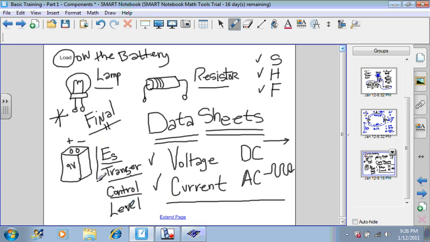I call these the four major things that you need when you're designing a circuit for a load.